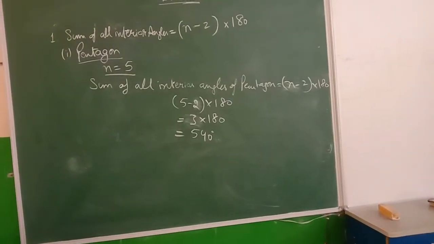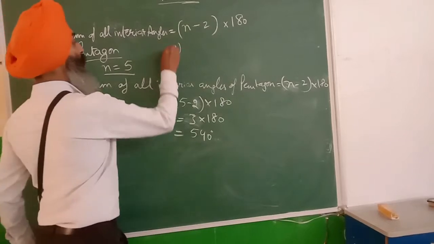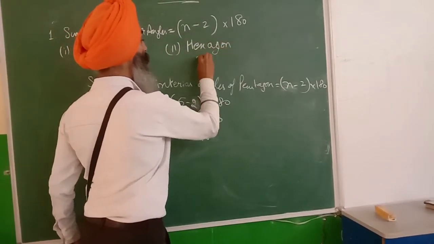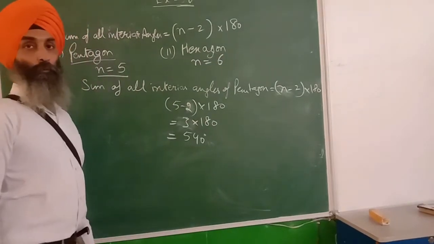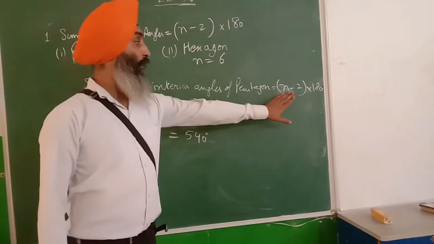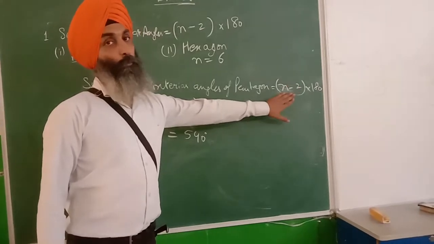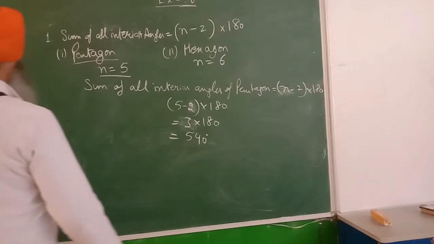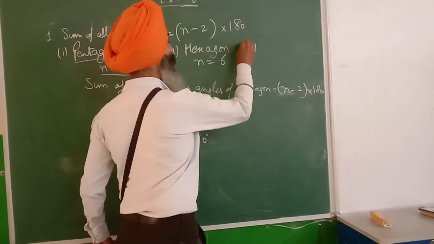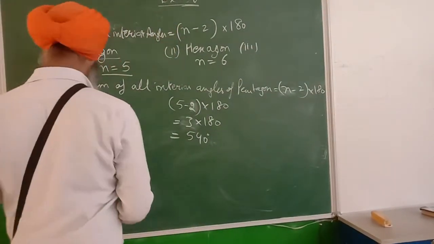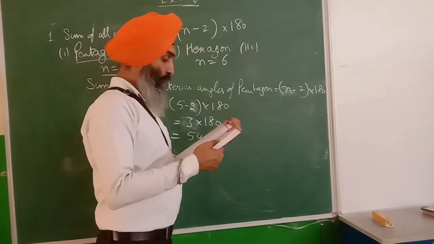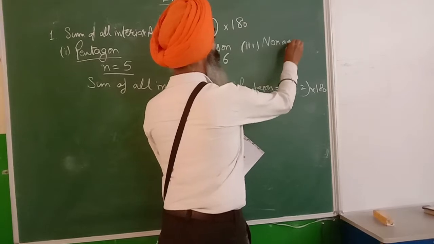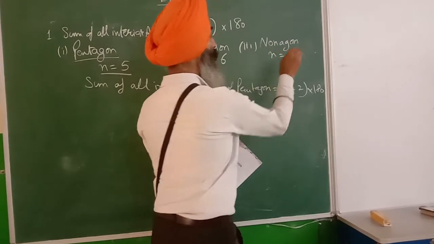Your next part is hexagon. Hexagon means n is equal to 6. Understood my point? You apply the same formula but put n equal to 6. Next is nonagon, which has n equal to 9.